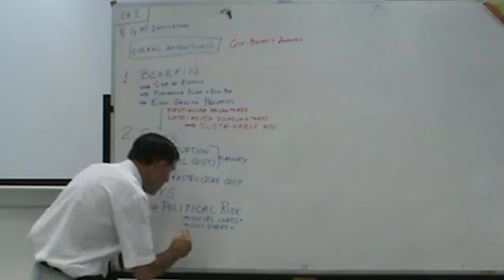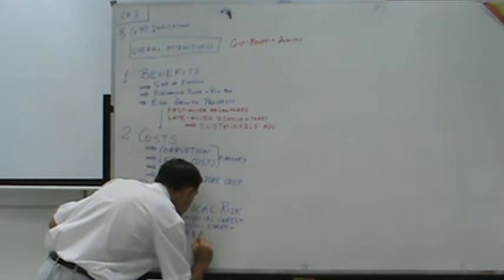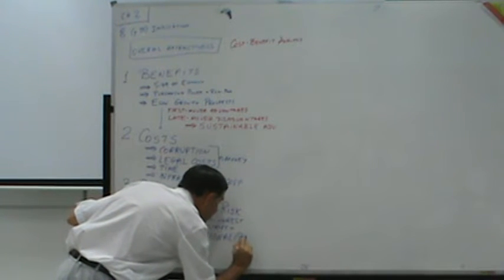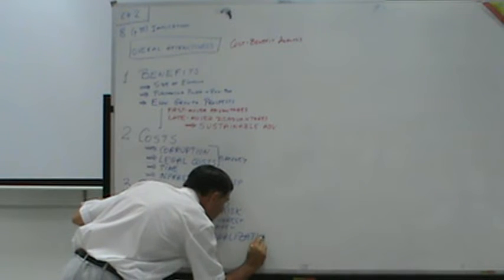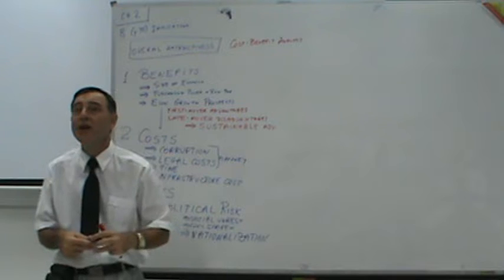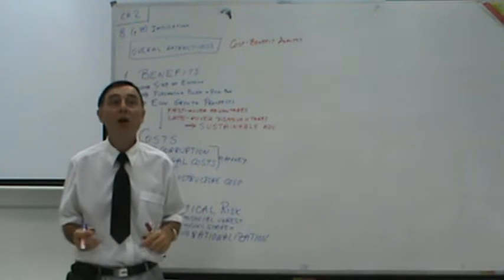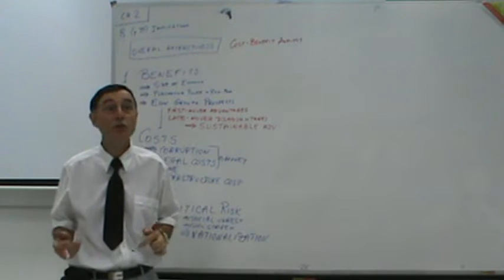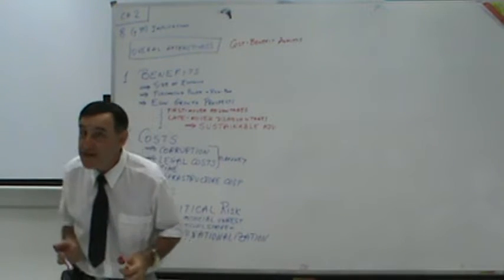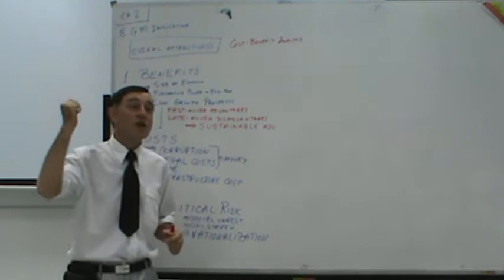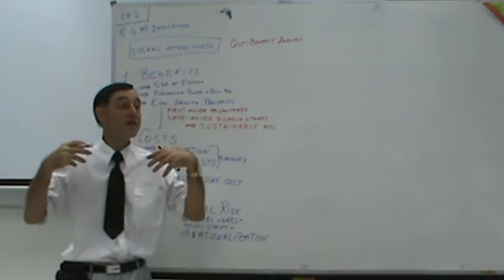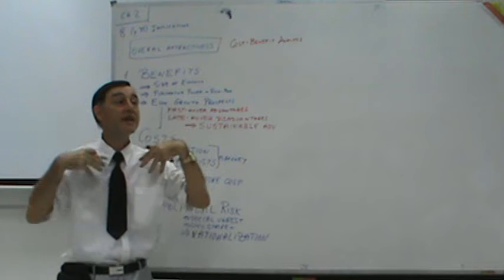Another type will be nationalization. The textbook example would be a new politician who is a populist, like Hugo Chavez, who comes and says, we don't like the American companies, and we're going to take their companies and make them our own.